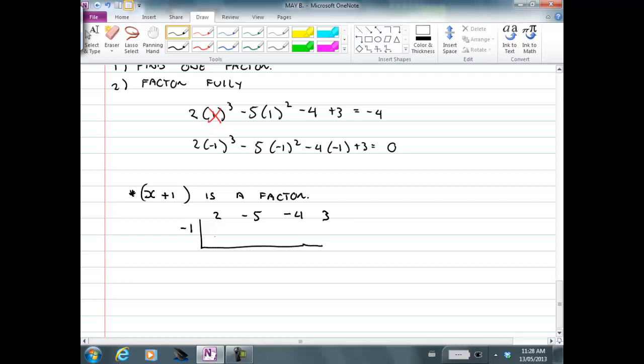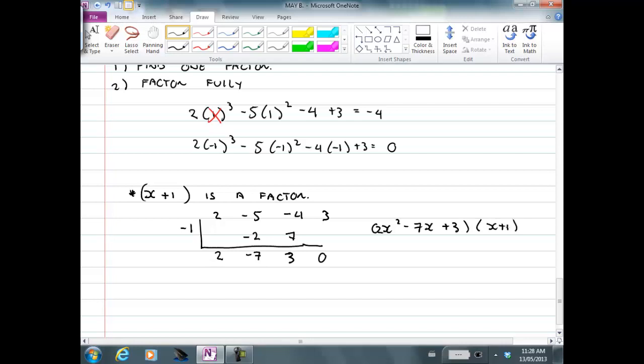And if you did it right, you should have 2, -7, 3, and 0. So now I'm going to write it out as 2x squared minus 7x plus 3, and this is going to be x plus 1.